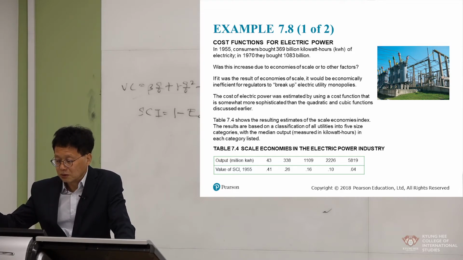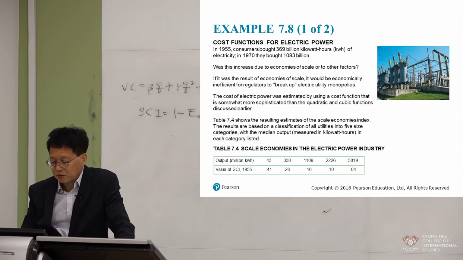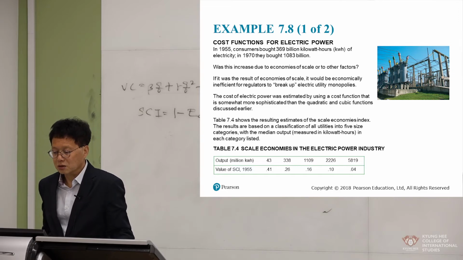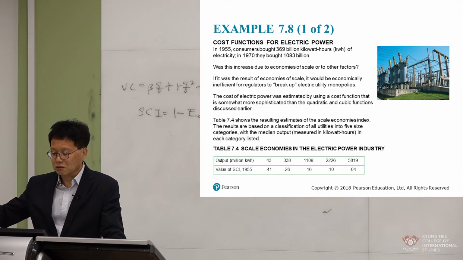Why did that happen? Some people said economies of scale. If economies of scale matter, it would be economically inefficient for regulators to break up electric utility monopolies. So think about Hanjeon in Korea, right? It was one company, but because of a monopoly problem, it was split into many branches.